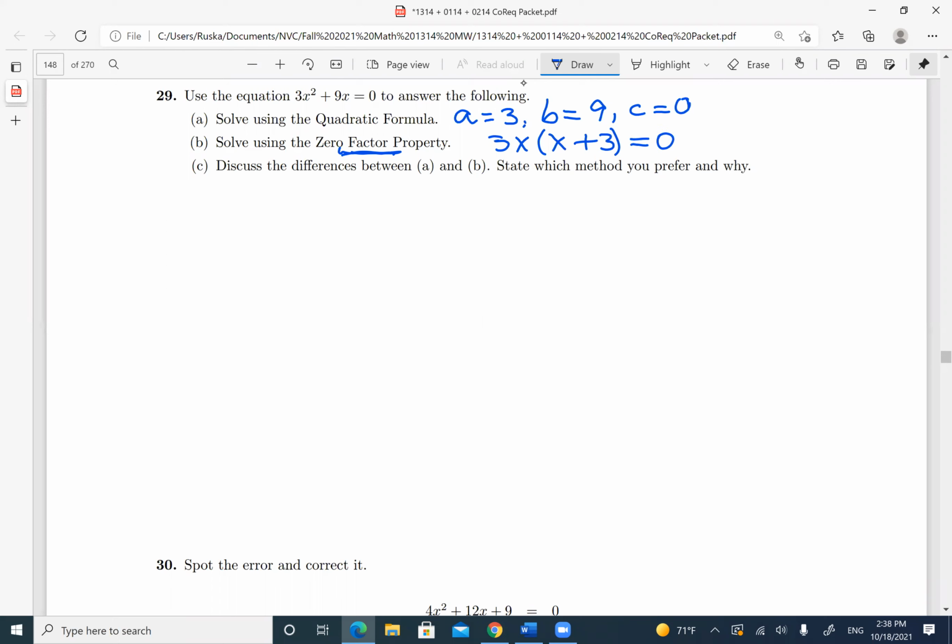And it's easier to solve it like that. So the factoring method is easier in this case. So B is easier, because when C equals 0, B is easier.